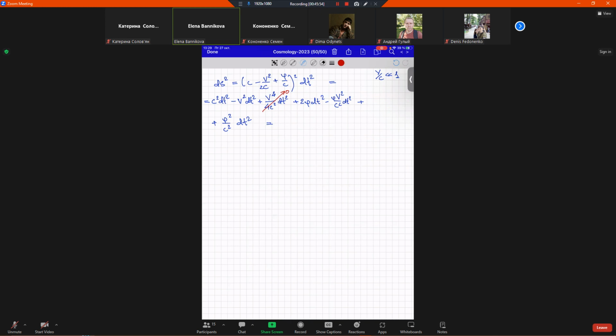Again, I can consider this as a small value, and I don't care about this. And what I have finally is c squared dt squared, and I will put in front this one, 2 phi dt squared.